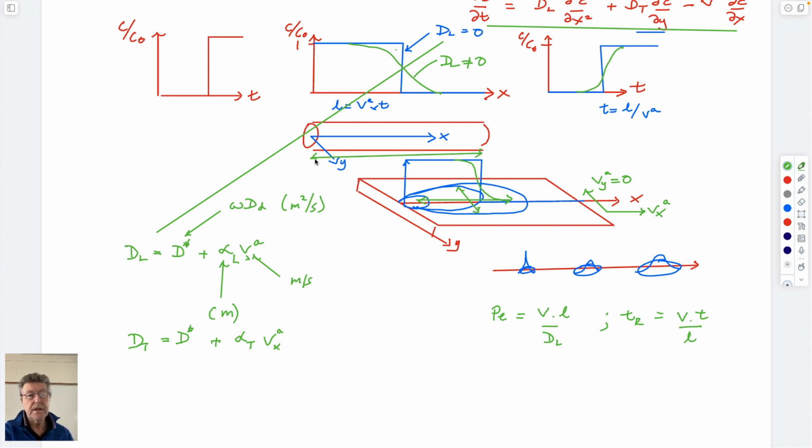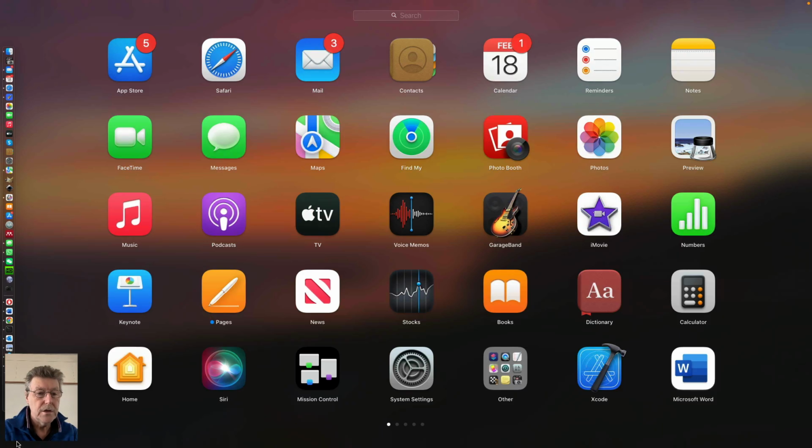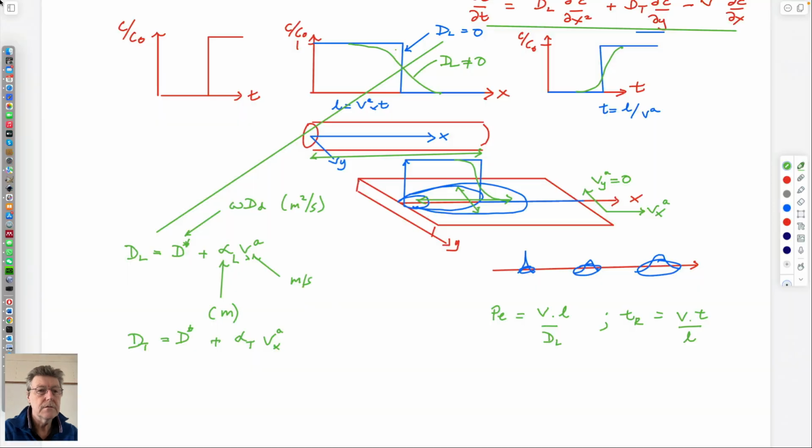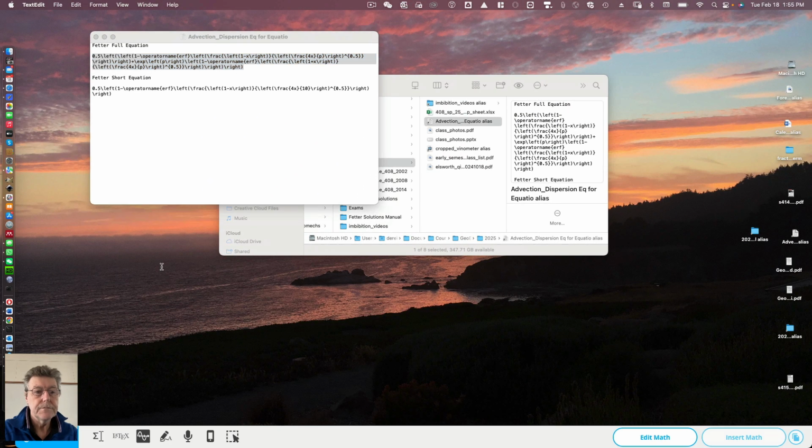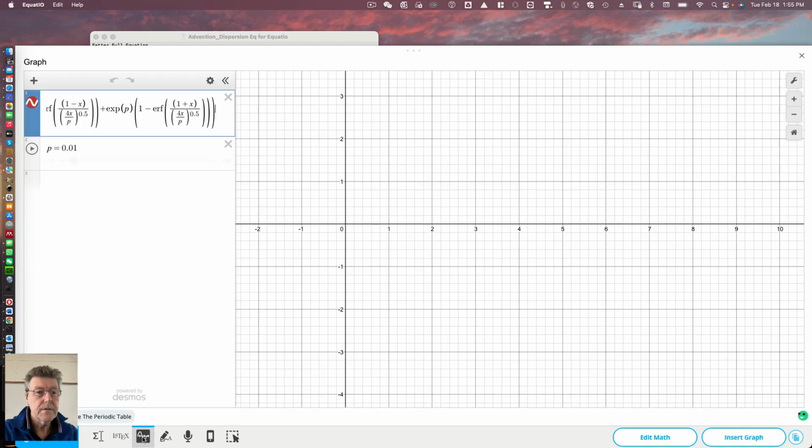When we look at this expression here, if your eyes are good enough, Peclet number is P, X is the T sub R, the pore volumes.